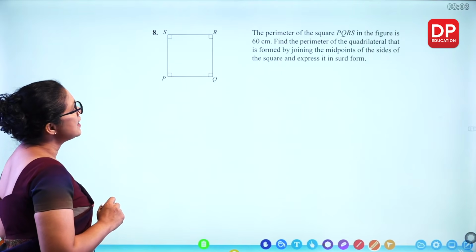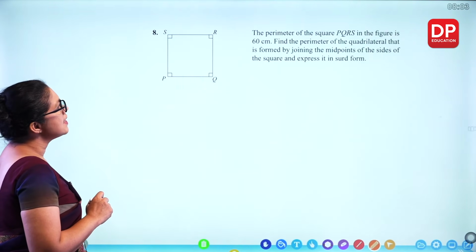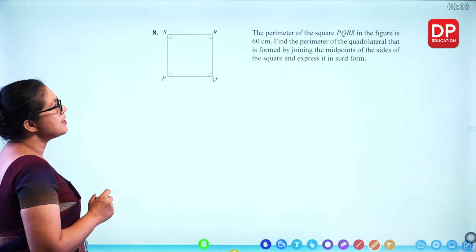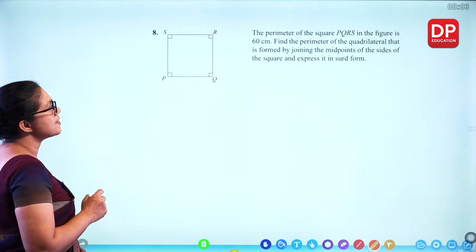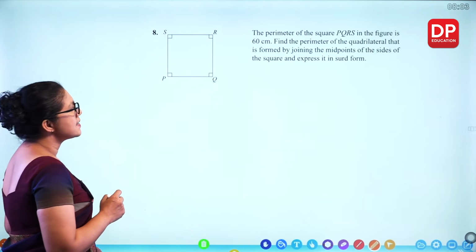Question number 8. The perimeter of the square PQRS in the figure is 60. Find the perimeter of the quadrilateral that is formed by joining the midpoints of the sides of the square and express it in surd form.